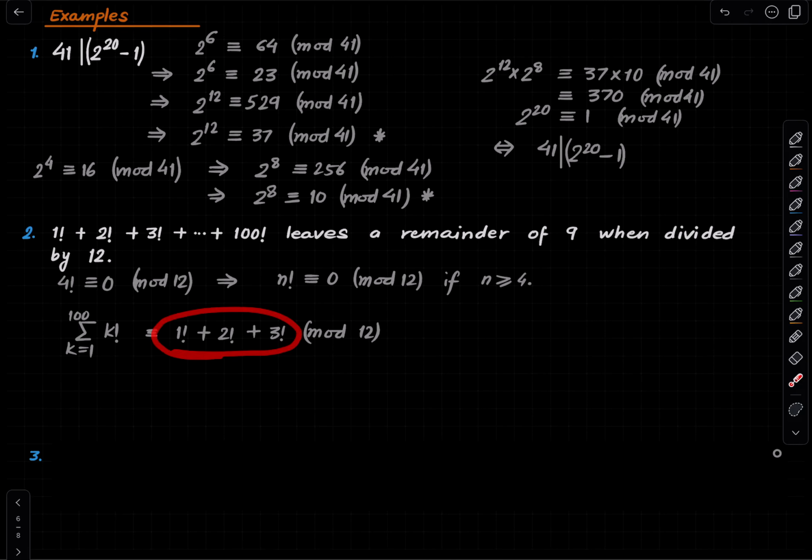What is this number? It is 6 plus 2 plus 1, which is 9. And 9 is less than 12, so 9 is the remainder that this number will leave when you divide it by 12. Very, very short solution. And one more, we'll see many more.